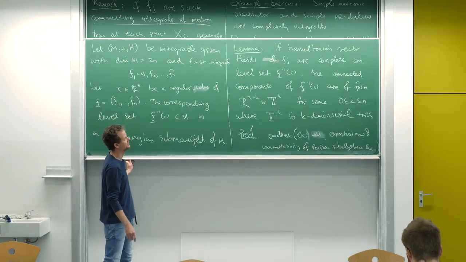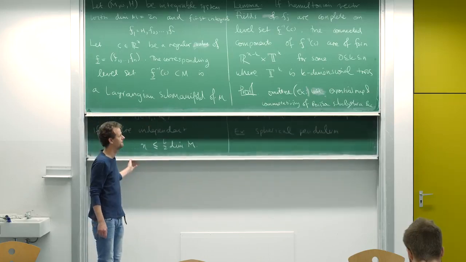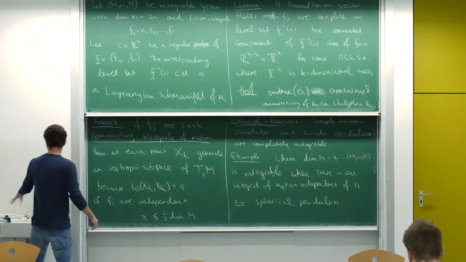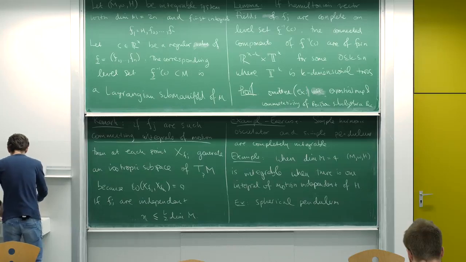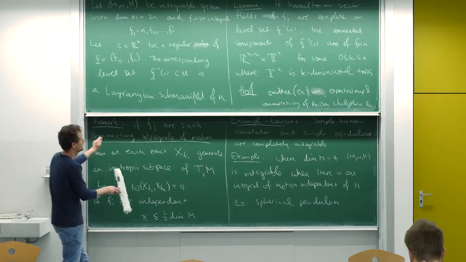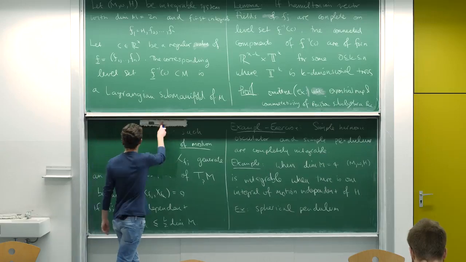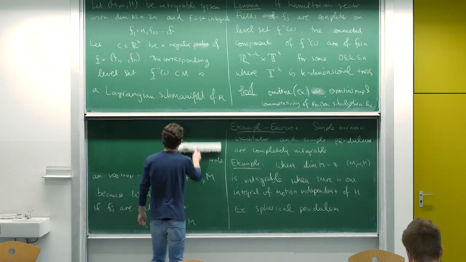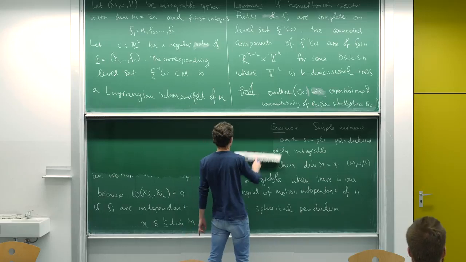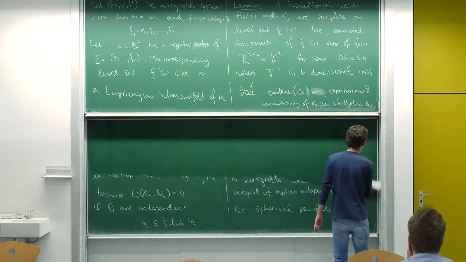So the exponential map can't really give you anything other than circles or lines. So completely integrable systems are very special.